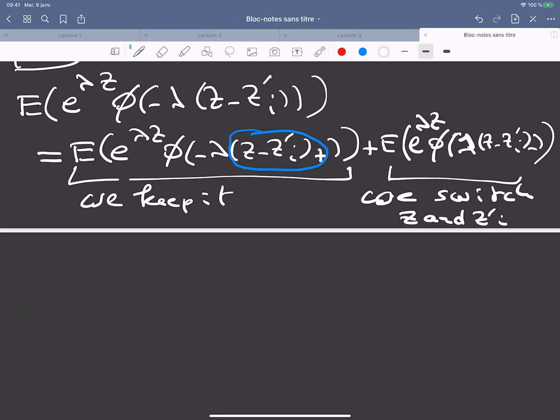So we switch, as I mentioned. If I switch, I keep this one. Let's say that this is 1. So 1, I keep it.